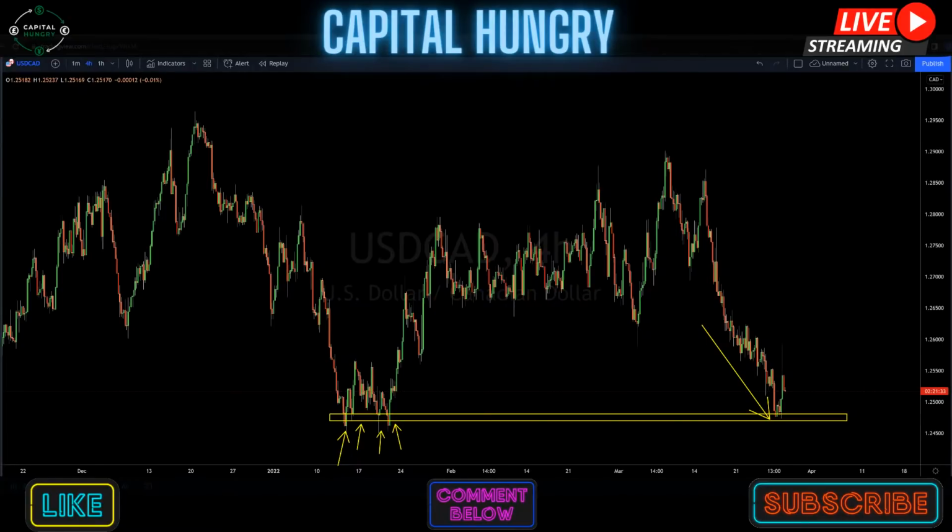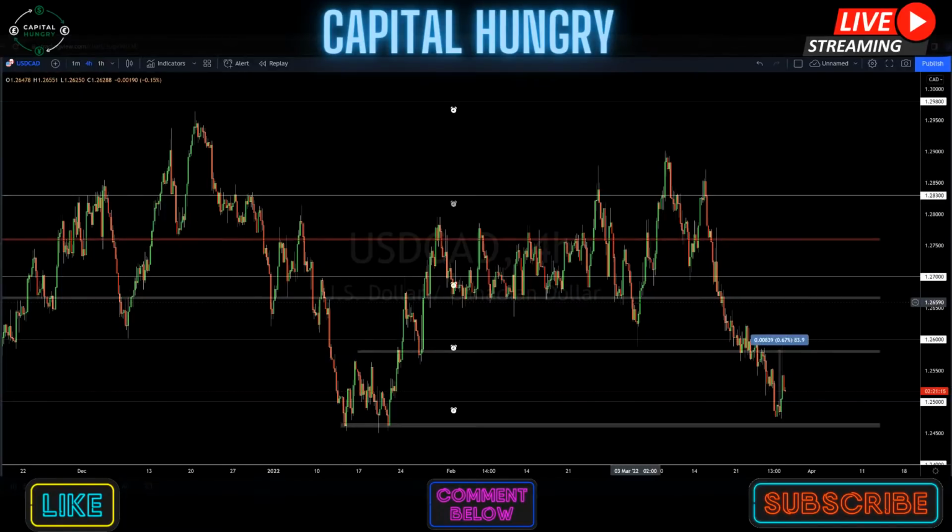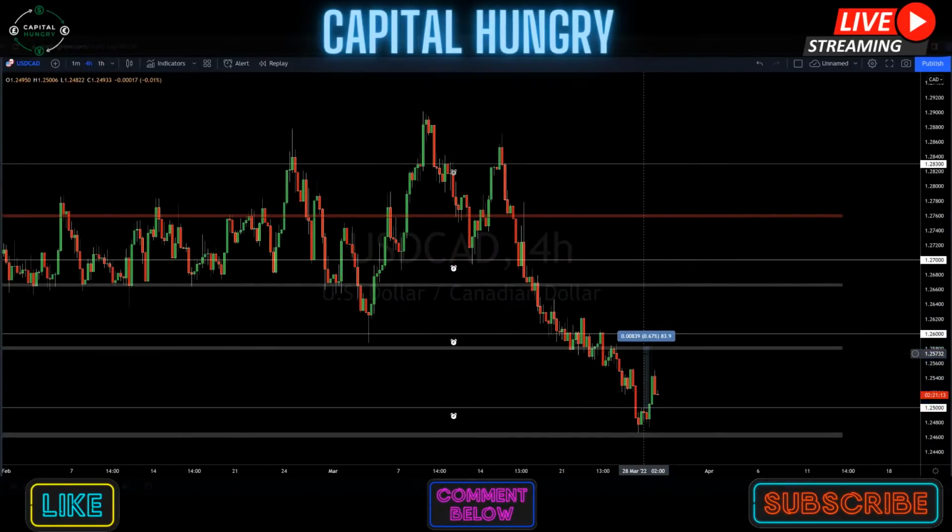What we can also see is, when looking at the similar repetition, we have the potential to revisit these lows multiple times. This means from a technical standpoint on USDCAD, this is a very key make or break price sensitivity area for us when we're looking at it based on the key levels as well.